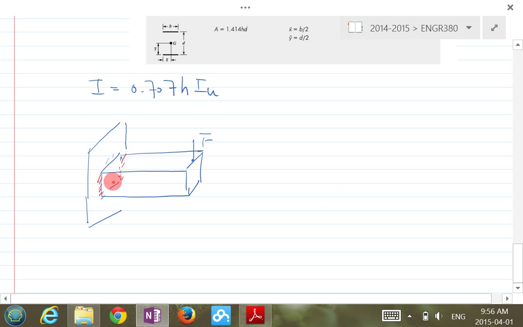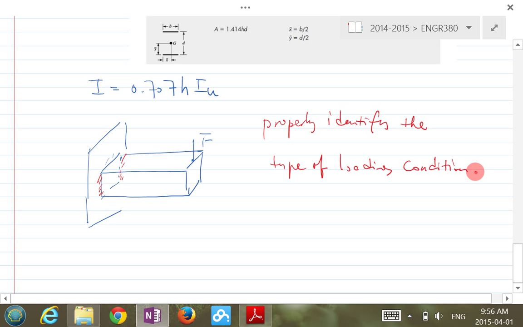So properly identify the type of loading condition, so then you can choose table 9-1 and 9-2 properly, okay? Otherwise, the whole thing will be wrong.